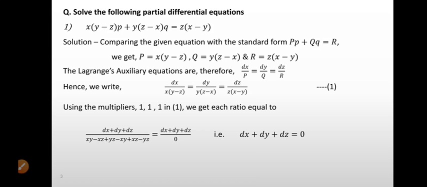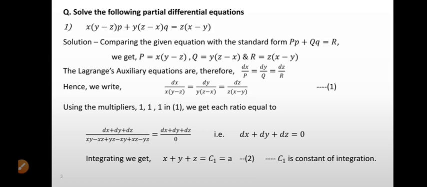So from this we can write dx plus dy plus dz equal to 0. Now we can integrate this result so as to get the first solution as x plus y plus z equal to c1, where c1 is constant of integration. We can call it also a. So this is our first solution denoted by result number 2.